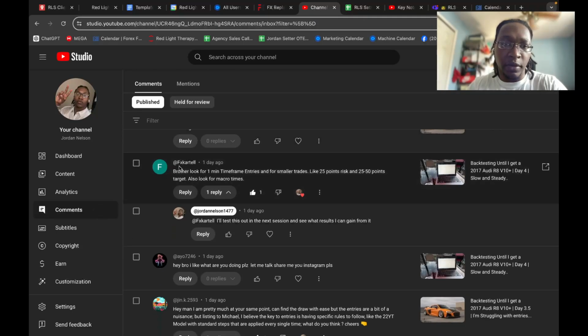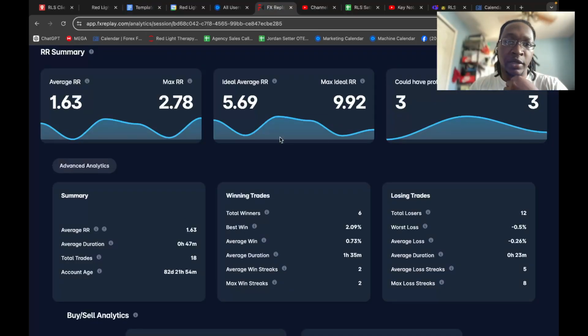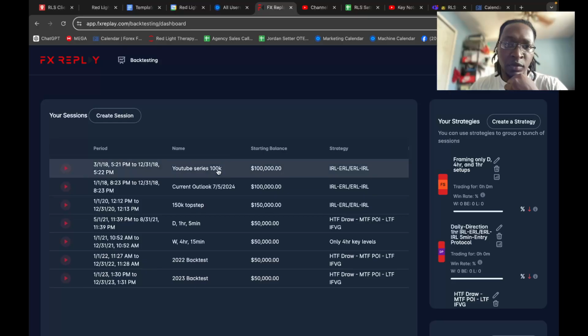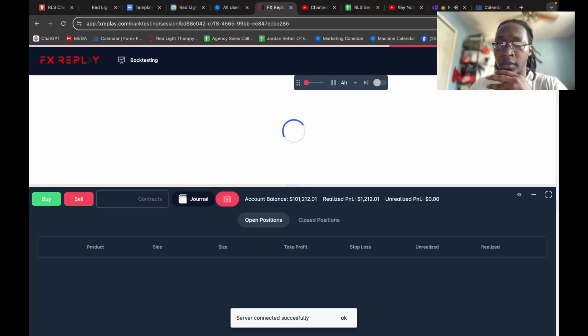But yeah, right here, FX Cartel, 1 minute time frame for entries, 25-point risk, 25 to 50-point target. So I'm gonna look into this today. So I'll add on the 1 minute chart and get into it like that.